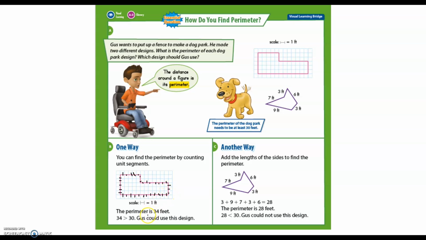So the perimeter is 34 feet for this shape.